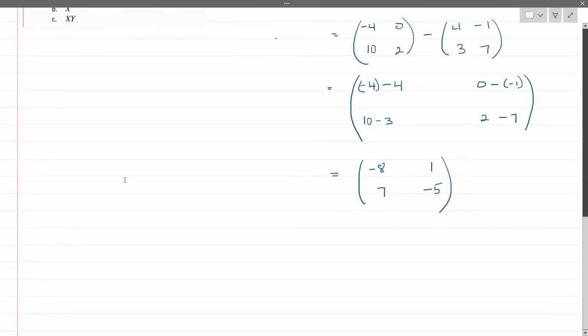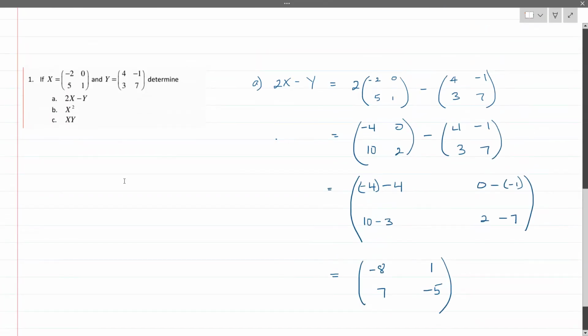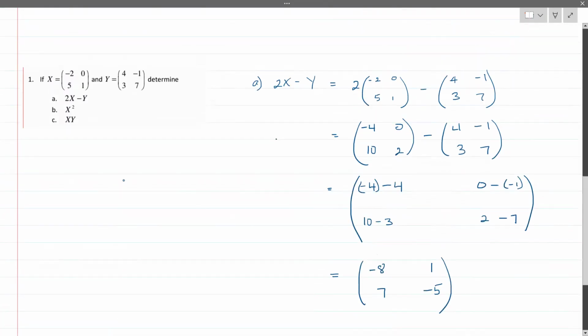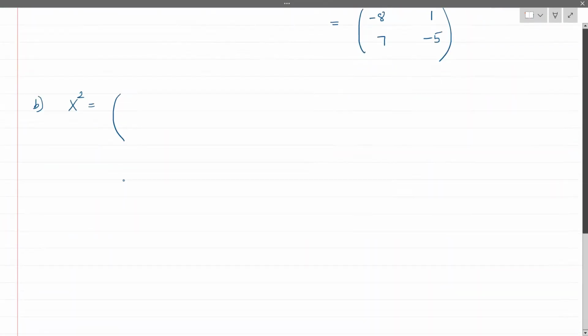The other one is x squared, right? Part B. We want to find x squared, which is [[-2, 0], [5, 1]] times [[-2, 0], [5, 1]]. If we square something, we multiply it by itself.